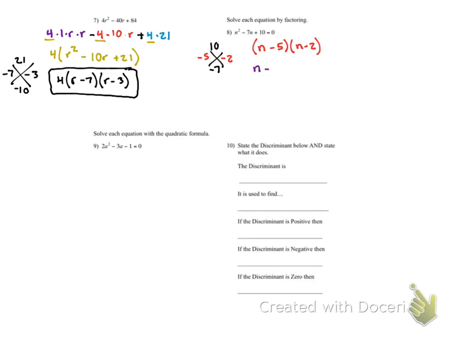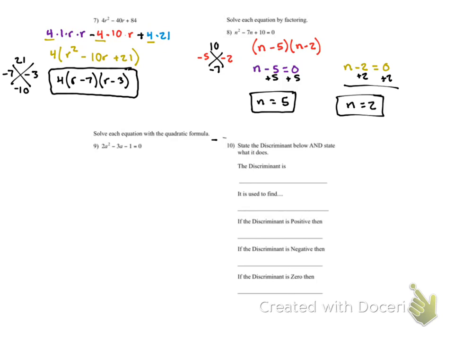So we'll have n minus 5 equals 0, and n minus 2 equals 0. Solving these out, add 5, we get n equals positive 5. That's one solution. Add 2, we get n equals positive 2 for our other solution.